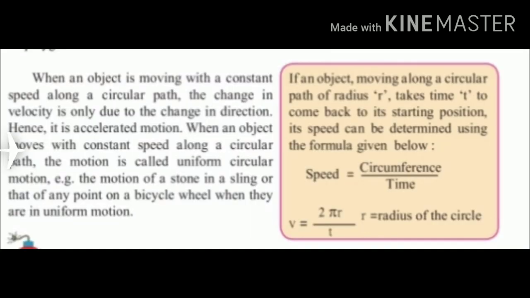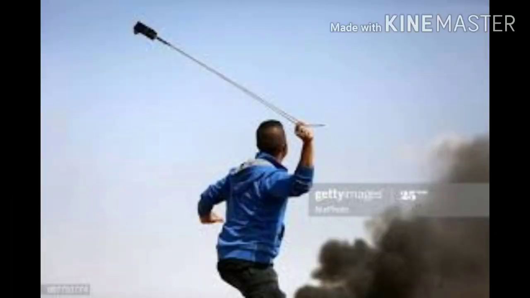It means when an object is moving with a constant speed along a circular path, then the change in velocity is only due to the change in direction. Hence, it is accelerated motion. When an object moves with a constant speed along a circular path, the motion is called a uniform circular motion.